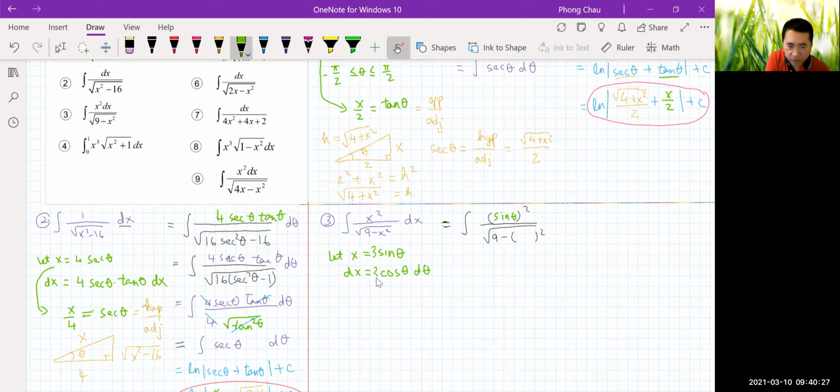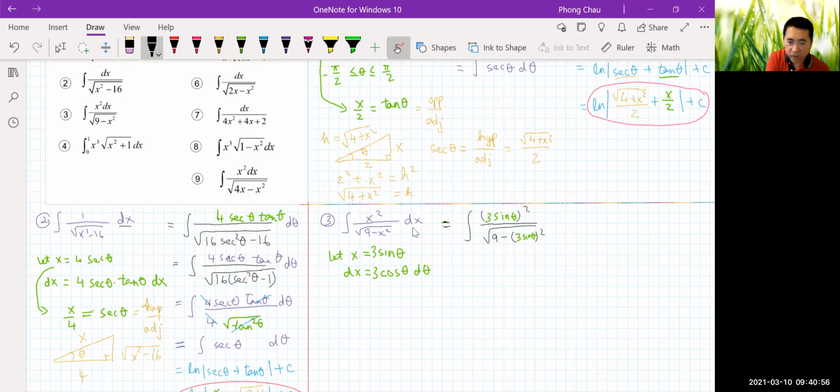We need the 3 there, so that when you simplify, you do have an identity to apply. So x is 3 sine theta. I need an extra 3 there as I do the substitution.